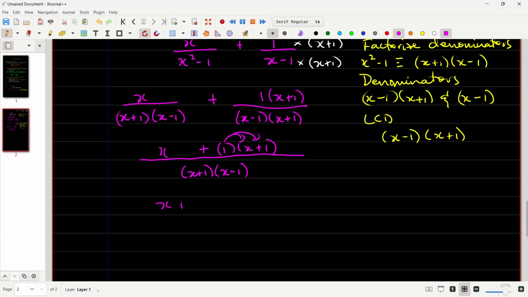So we have x plus 1 all over x plus 1 into x minus 1. I get 2x plus 1 all over x plus 1 into x minus 1. I don't see anything that I can factor out or cancel to simplify this any further, so this here is the final answer.